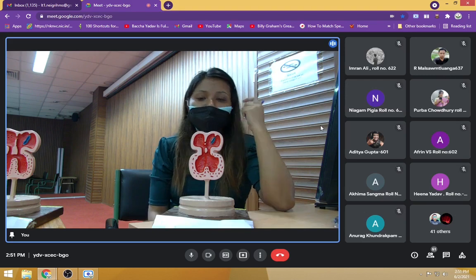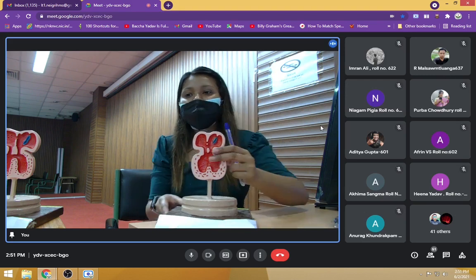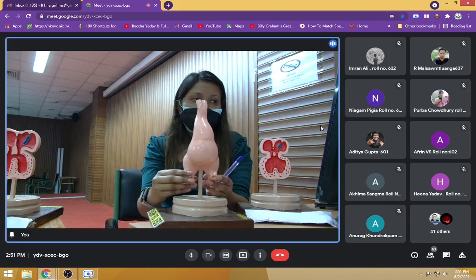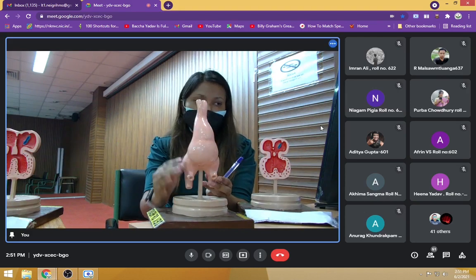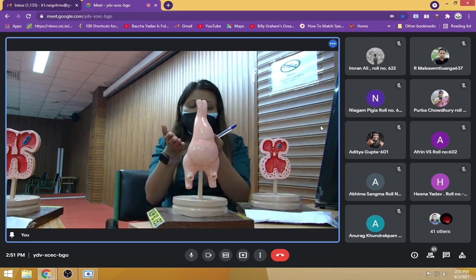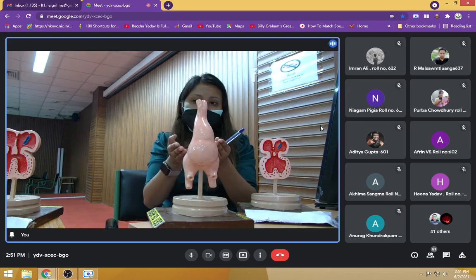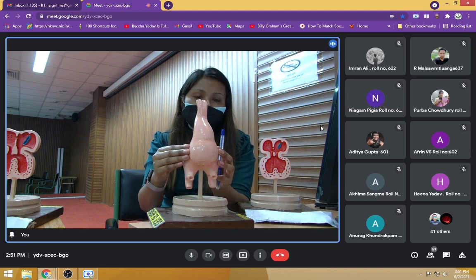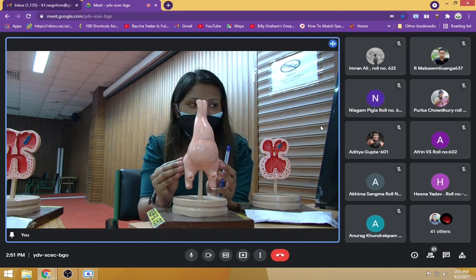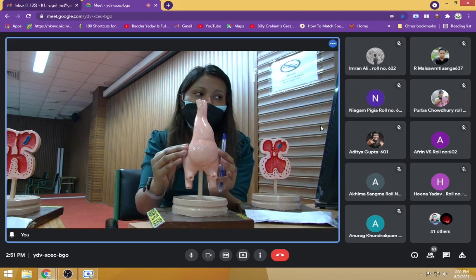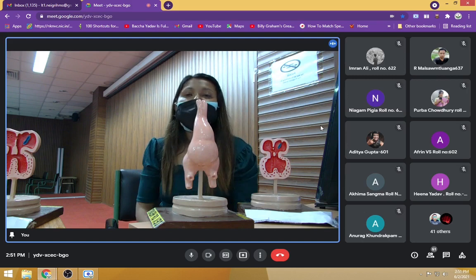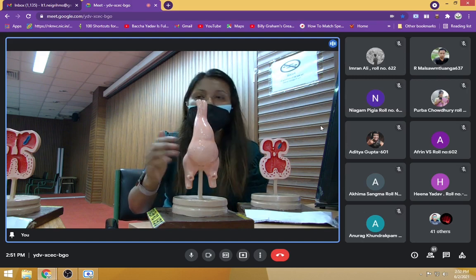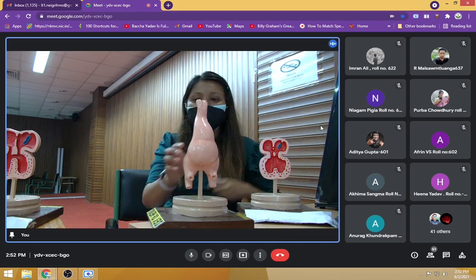The smooth part develops from the sinus venosus. After looping, it will come to the back side, and it is going to get incorporated into the walls of the primitive atrium. This incorporation of the horn of the sinus venosus into the primitive atrium is going to form the smooth part, and the original primitive atrium is going to form the rough part of the atrium.